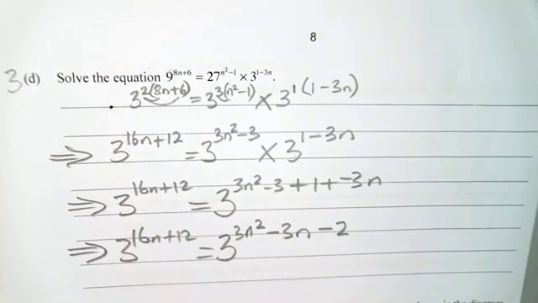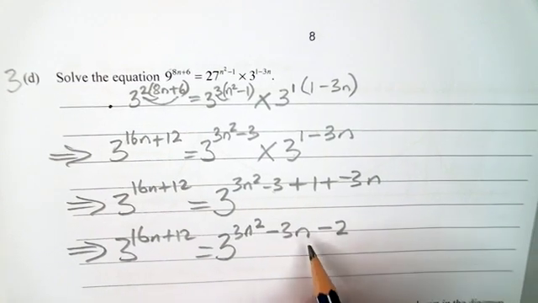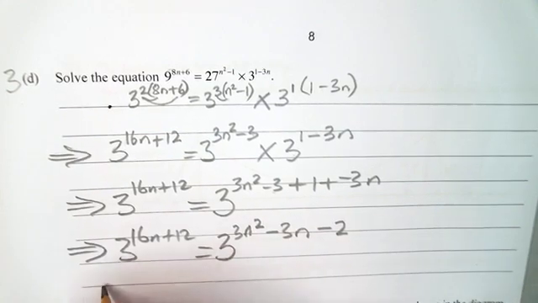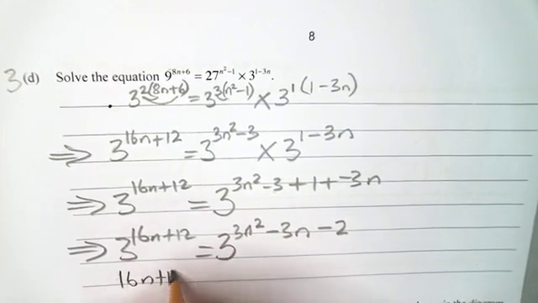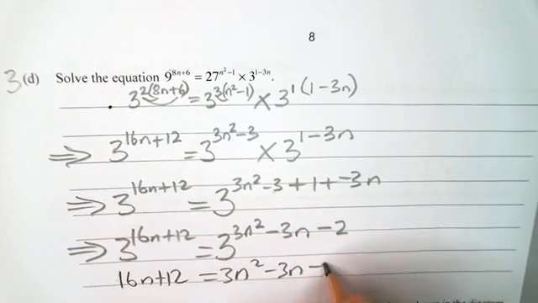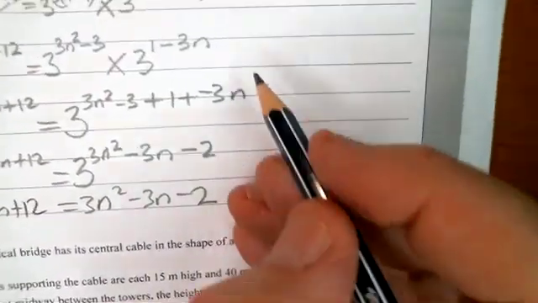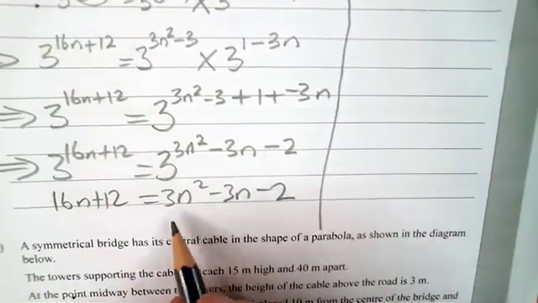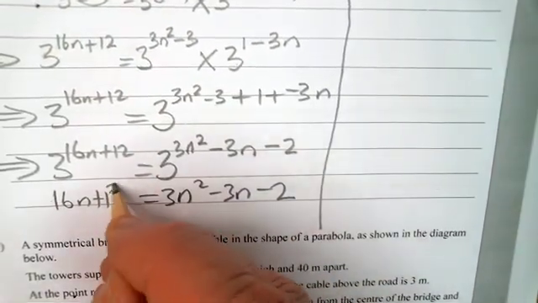So now I can go ahead and just solve the whole thing, really, I think. So I'm going to rewrite it without the powers of 3. So I'm going to have 16n plus 12 is equal to 3n squared minus 3n minus 2. I'm going to have an extra line down here as I have to tease this out a bit more. Let's subtract 12 from both sides.